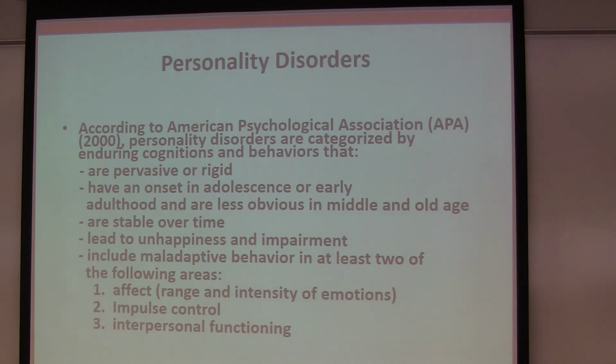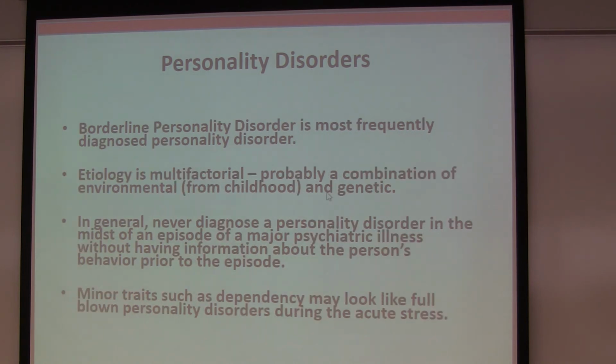And interpersonal functioning. The person may have tremendous issues with object relationships, meaning the way they get along with other people. So, the most frequently diagnosed personality disorder in the United States is borderline personality disorder.